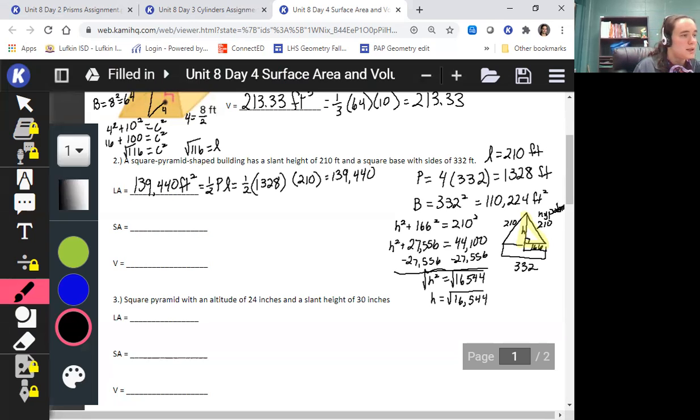And then we need to find our total surface area. Remember, our formula for total surface area is 1/2 times our perimeter times our slant height plus the area of our base.